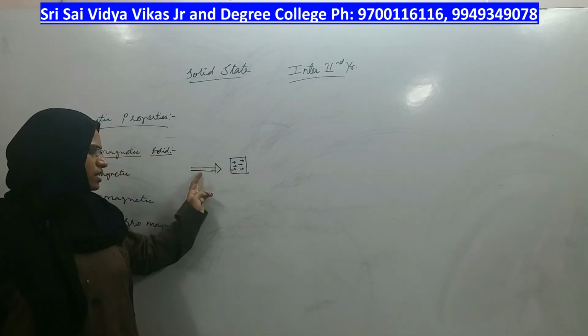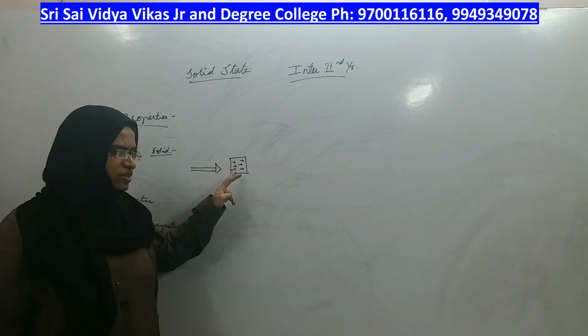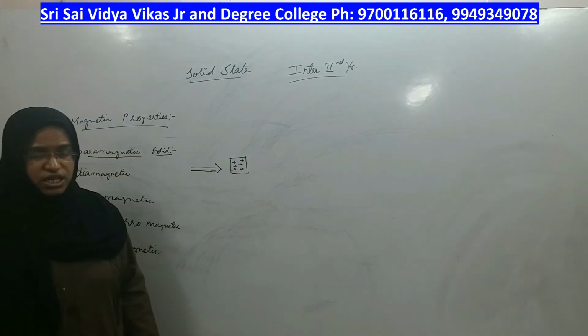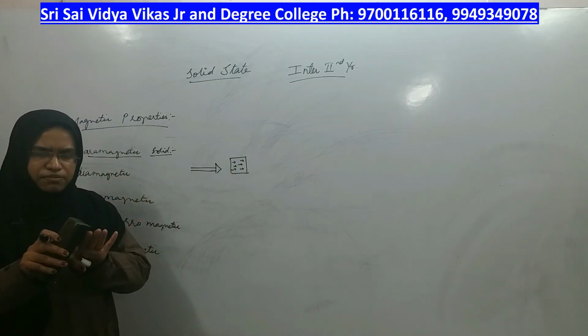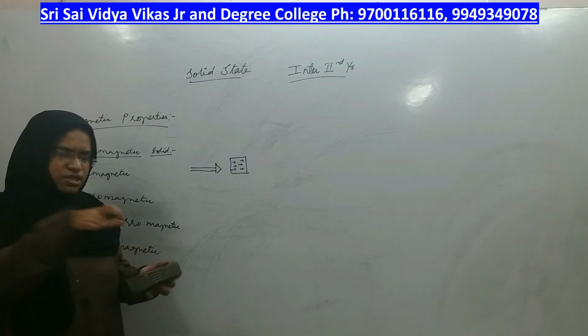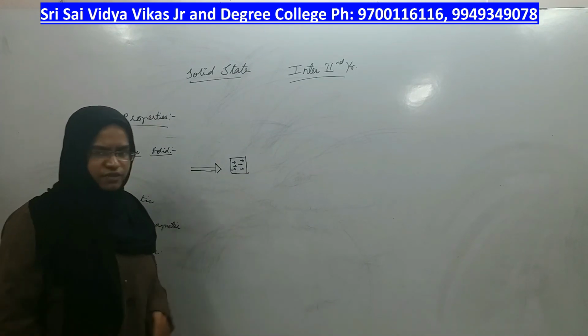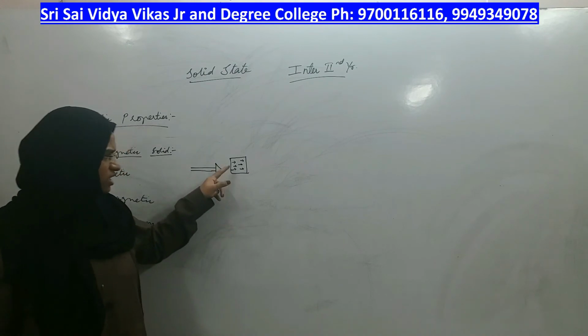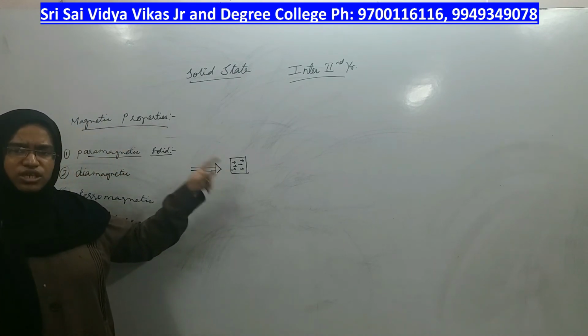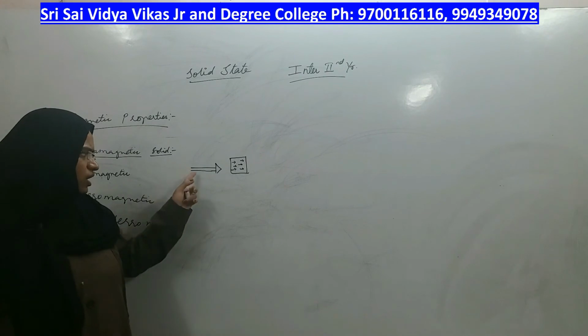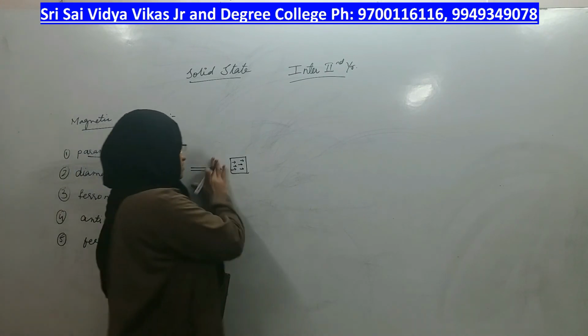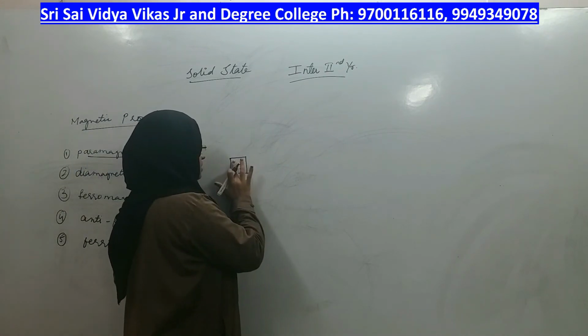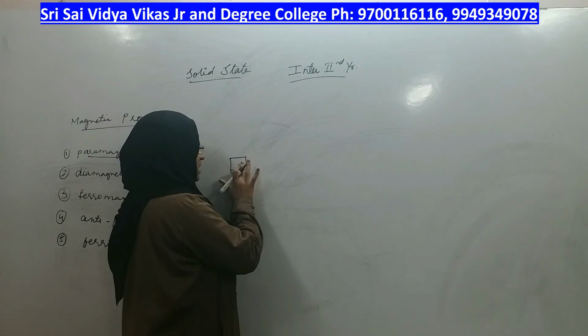Whenever a magnetic field is applied to that substance in which unpaired electrons are there, all the unpaired electrons will align themselves along with the magnetic field. If the magnetic field is in this direction, you can see that the unpaired electrons are also getting aligned along with the magnetic field. In the absence of the magnetic field, they will change their alignment.